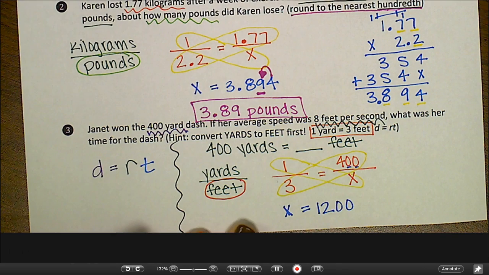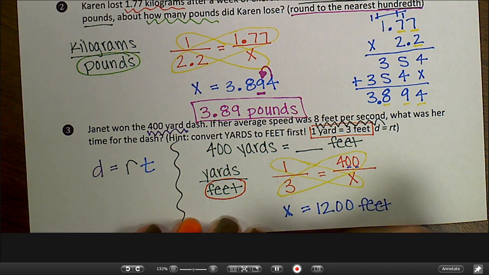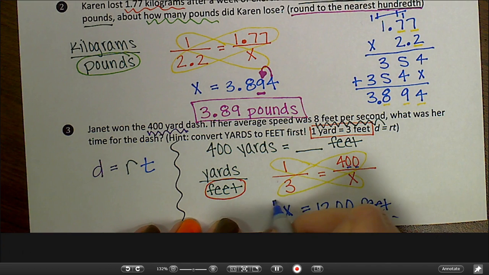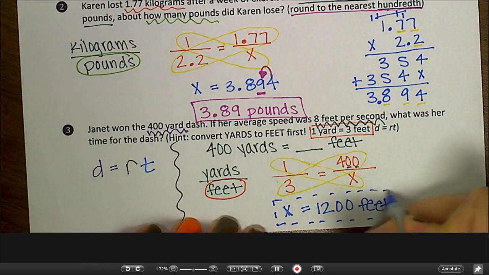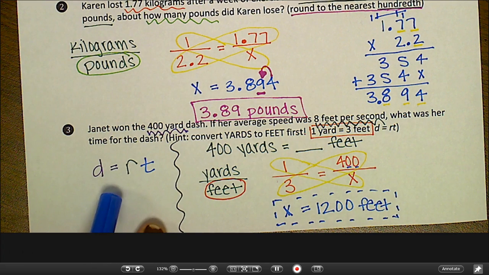So we have 1,200. We're not rounding this or anything, so 1,200 feet. So this is my sort of in-between answer. So I'm going to put a dotted box around this. It's not quite done. I wouldn't want to pick that answer on the STAR test if it was an option, because I still need to come over here and plug it into my distance formula.